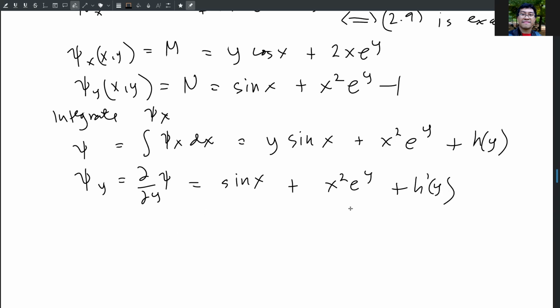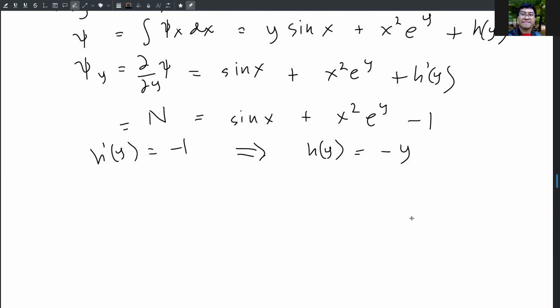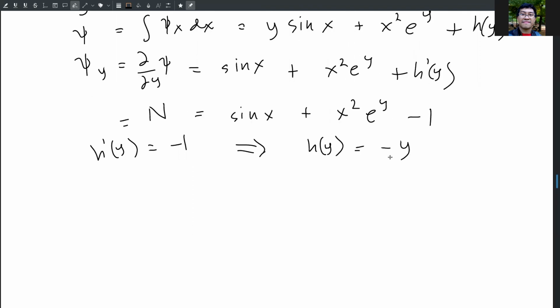And this is equal to n, where our n is sine x plus x squared e^y minus 1. If we equate, the sine x terms are equal, the x squared e^y terms are equal, so we get h prime(y) equals minus 1, which means that h(y) is equal to minus y. There is some arbitrary constant, but it doesn't matter, we don't need it. We can just use directly h(y) equals minus y.